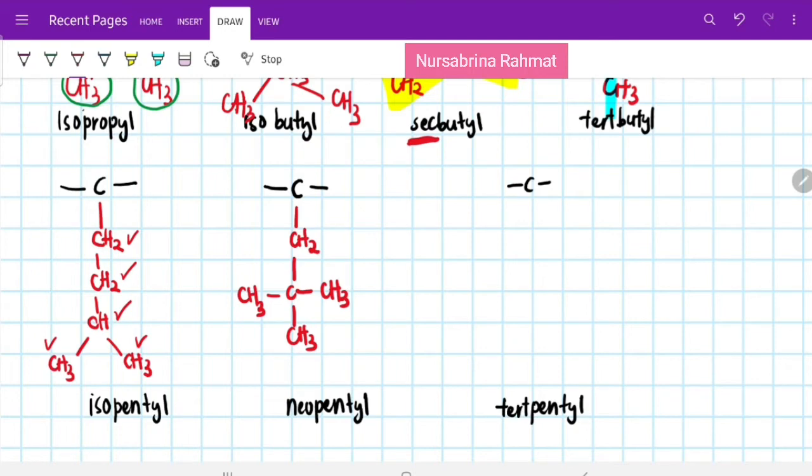Lastly is your tert-pentyl, which means the carbon of your parent chain is directly attached to the tertiary carbon in your substituent. So here we have C and CH3 and CH3, and then the remaining goes here, CH3 and CH3. So that is your tert-pentyl.